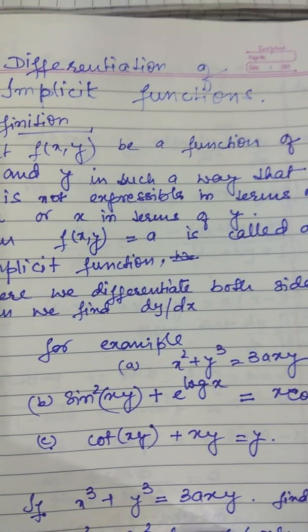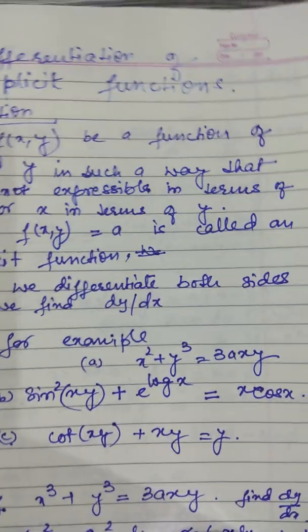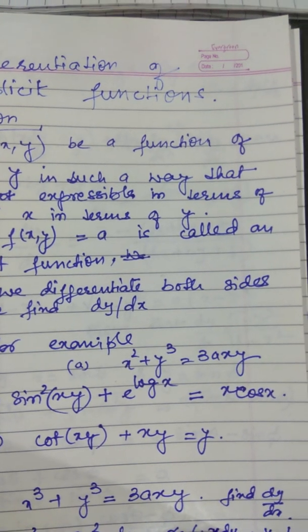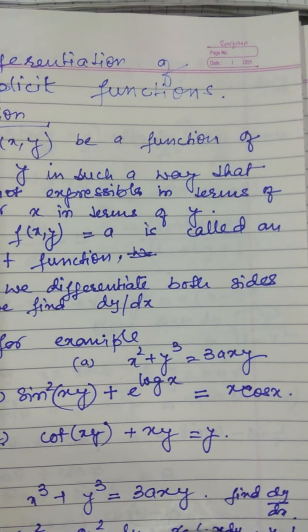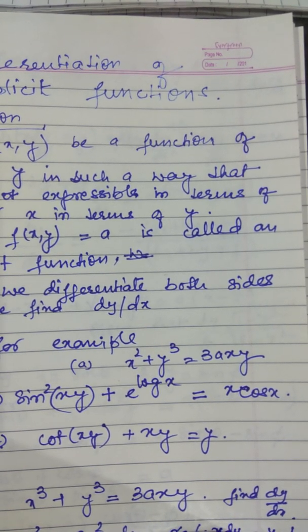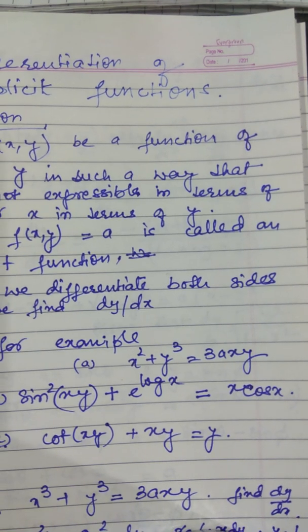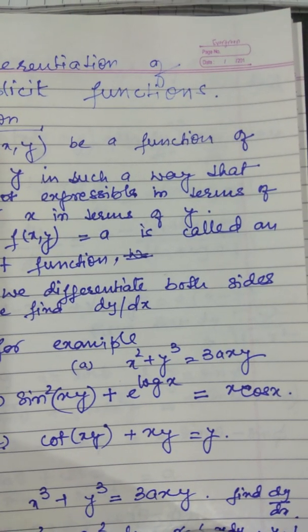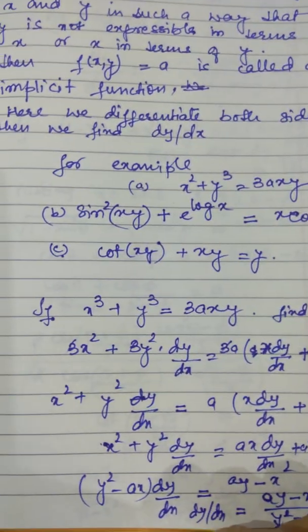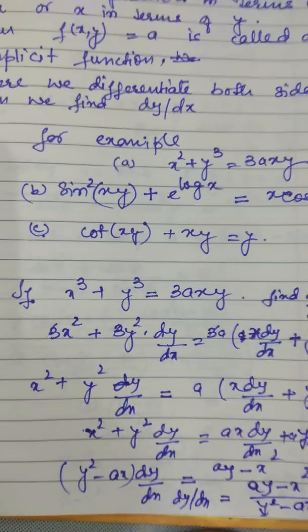These are functions in two variables where you are not able to express one variable in terms of the other explicitly, and they are called implicit functions. In this case, we differentiate both sides and we find dy by dx.